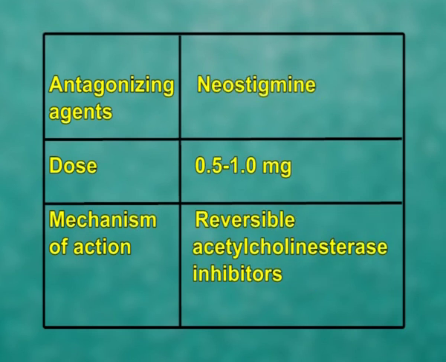Third is neostigmine. In dose of 0.5 to 1 mg mainly acts by reversible inhibition of acetylcholinesterase enzyme. And the last one you can see pyridostigmine. Pyridostigmine in dose of 10 mg mainly works by reversible inhibition of acetylcholinesterase enzyme. So friends, I hope this table is clear to you.